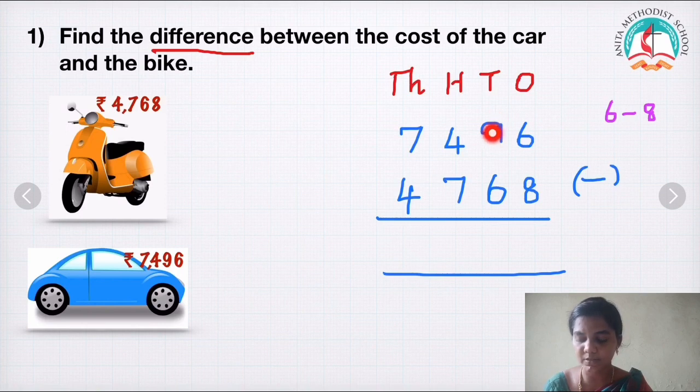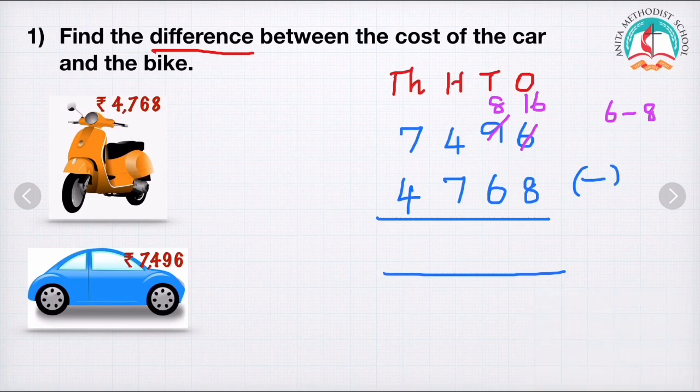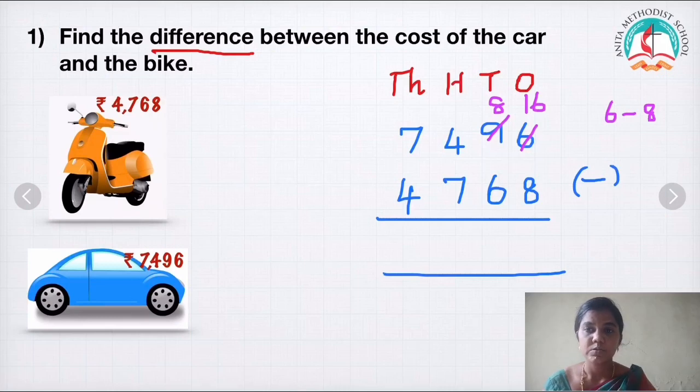If you borrow from here, the 6 will become 16, the 9 will become 8. Okay, so now we can subtract 8 from 16. So if we subtract 8 from 16, we will get the answer as 8.